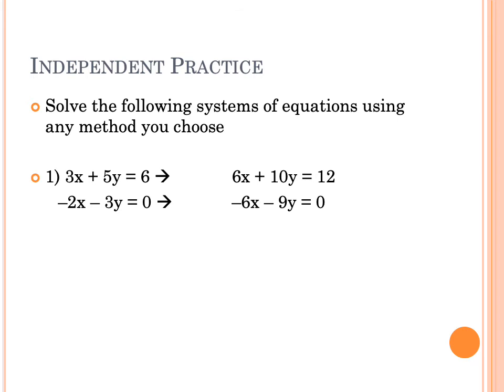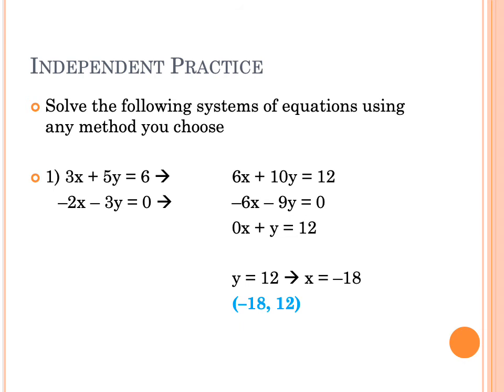All right, for the first one, I chose to do a linear combination method. It didn't look like one where it would be easy to isolate a variable for substitution without getting into some fractions. So for this one, I multiplied the top equation by 2 and the bottom equation by 3. When we did that, we got 6x and negative 6x, which worked out really nicely for our elimination.